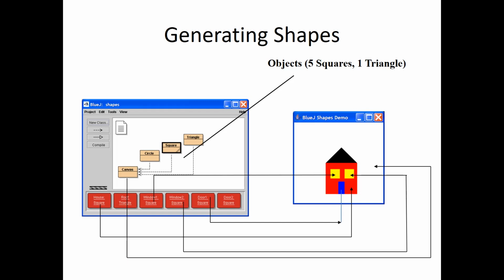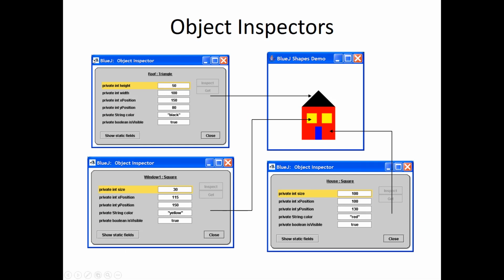So again, you're already in the mode where you can create multiple objects from, in this case, 3 different classes. And we can inspect each of these objects individually, and when we call the methods in order to change them, we can inspect how each of the values alters as we go along.